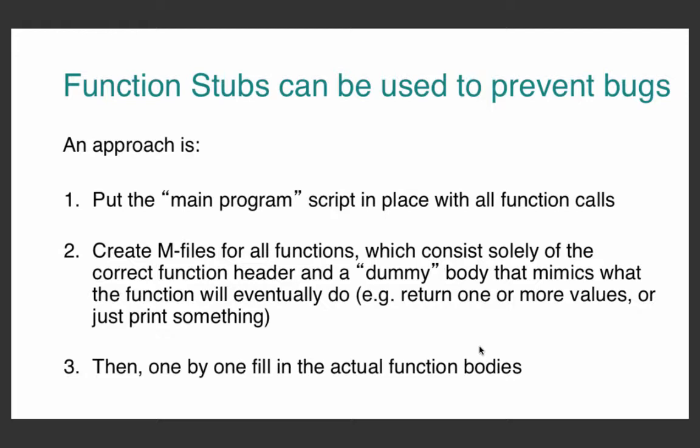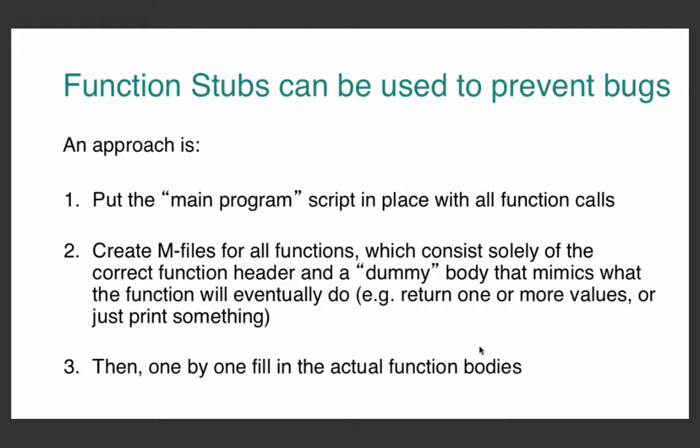So function stubs can be used to prevent bugs, and it's an analogous way to sketching, right? If you're a painter, usually you don't start painting what you want to paint straight away. You might sketch the outline of the objects in pencil before you start painting.